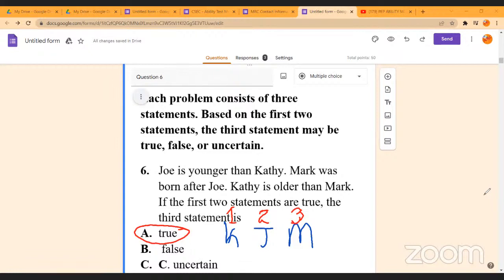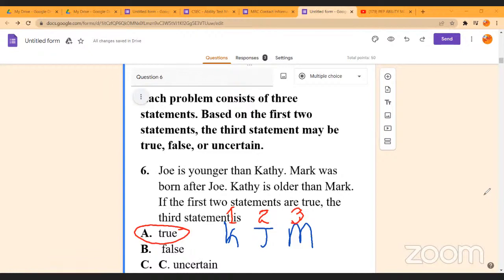The third statement said that Kathy is older than Mark would be true because Mark would be the third born, because Mark was born after Joe. And the first statement said Joe is younger than Kathy, so Kathy would be the oldest, Joe the middle child, and Mark the youngest.